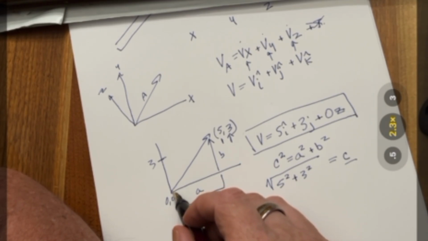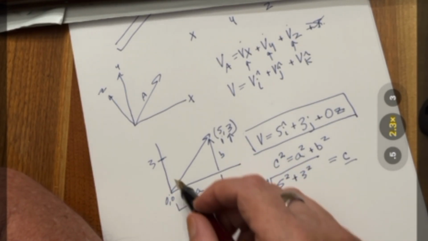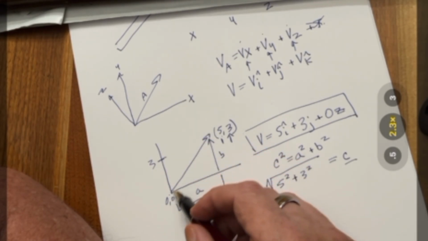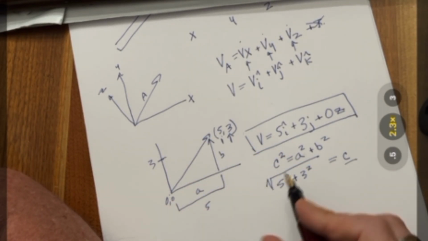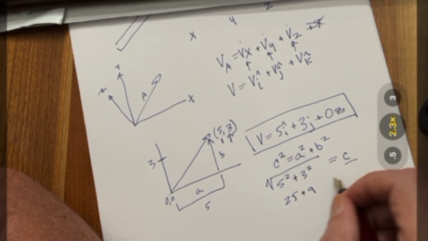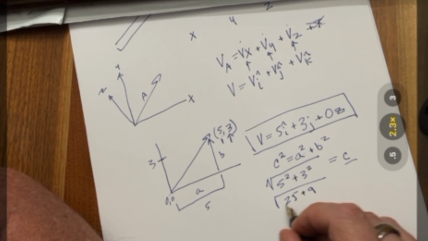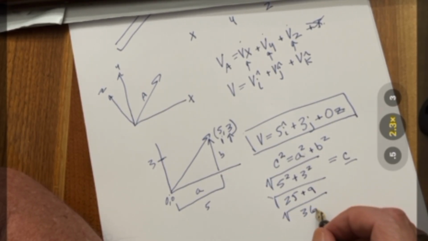So if all we're given is a vector that goes from the origin to a certain point, we can easily find the magnitude of that vector by using this equation right here. And that's going to be 25 plus 9. And that is, of course, the square root of 34.